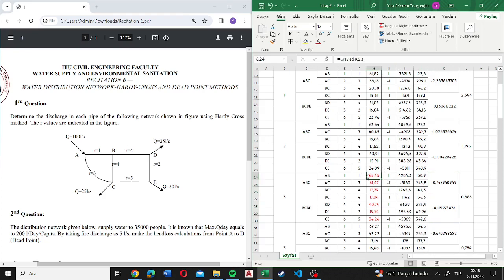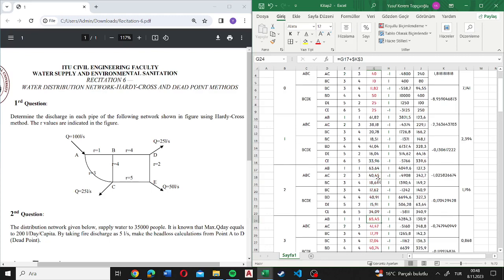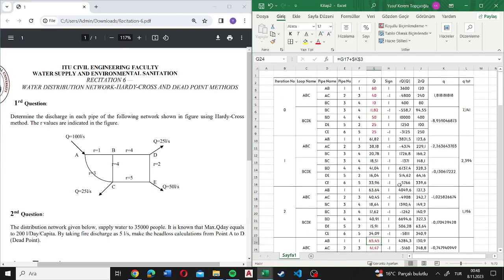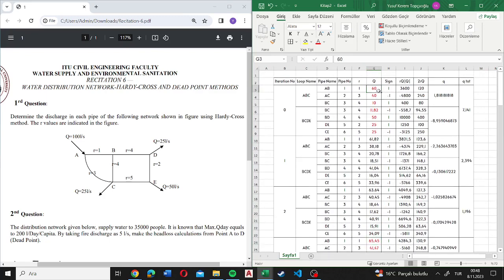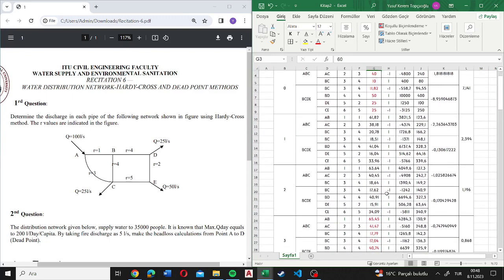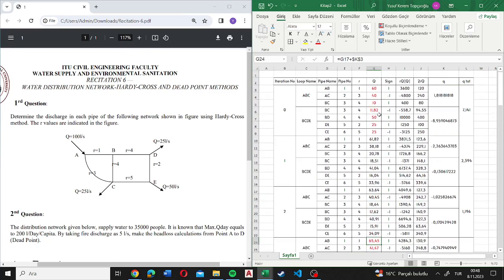discharge for the first pipe, 65 liter per second. We assumed 60, but the real value is, this is not the real value by the way, but it's really close to the real value. It means our assumption is really good because the difference is 5.